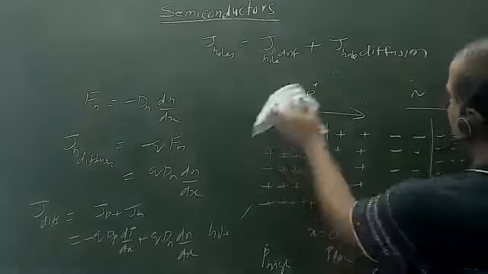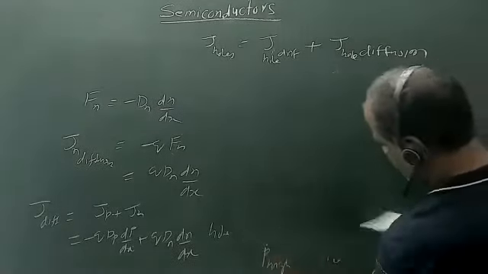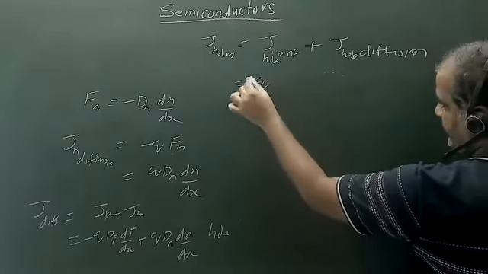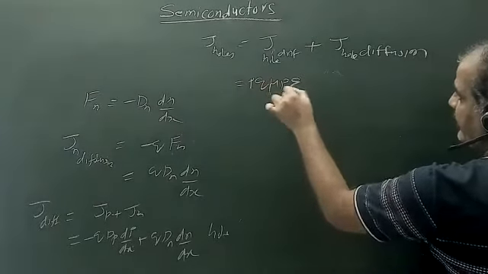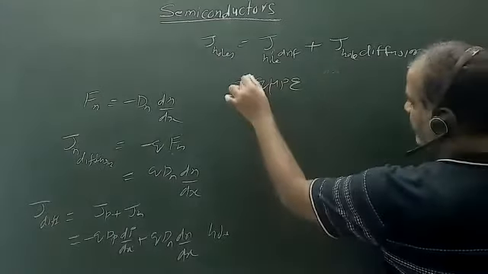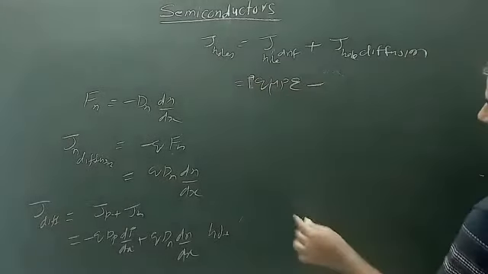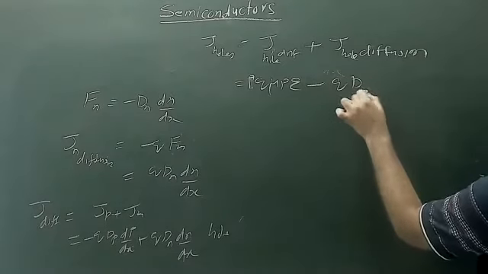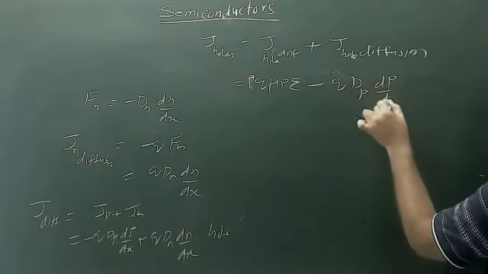So you know what drift current and diffusion current are. The total hole current will be q p mu_p electric field, plus the diffusion term, minus q D_p dp upon dx.